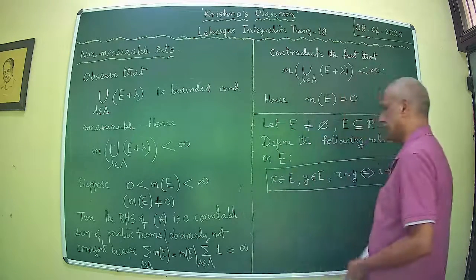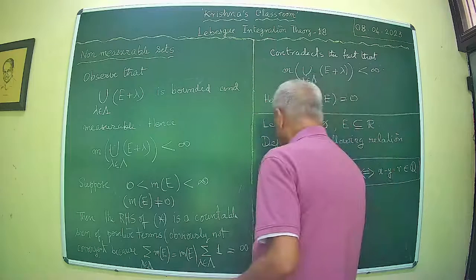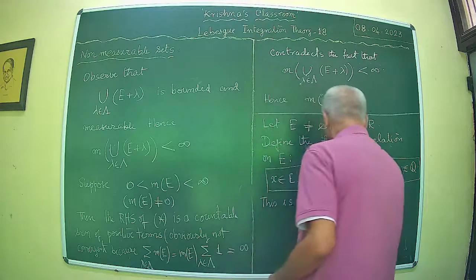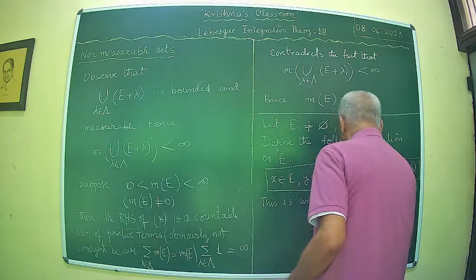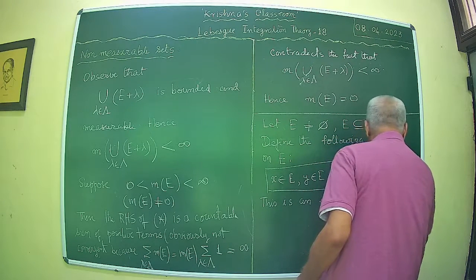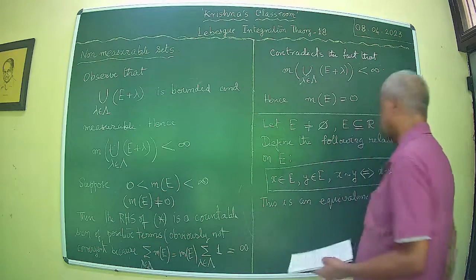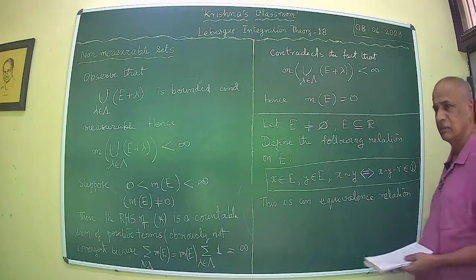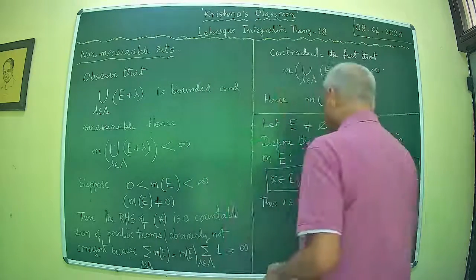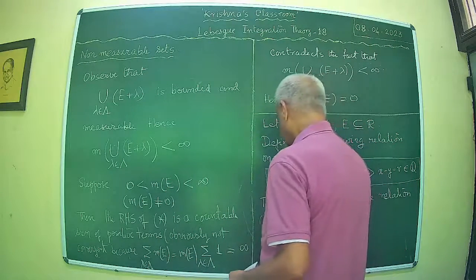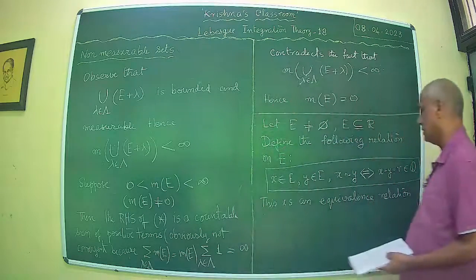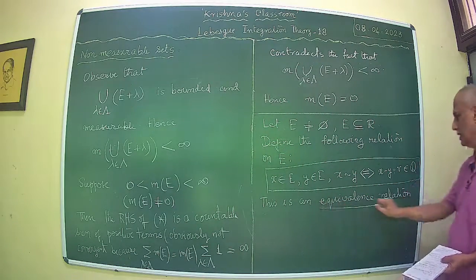Now it's easily seen that this is an equivalence relation. That is obvious because x is related to x, and x is related to y means y is related to x. It is trivial to prove that this is an equivalence.